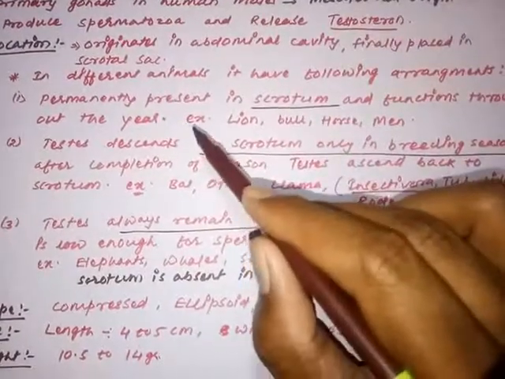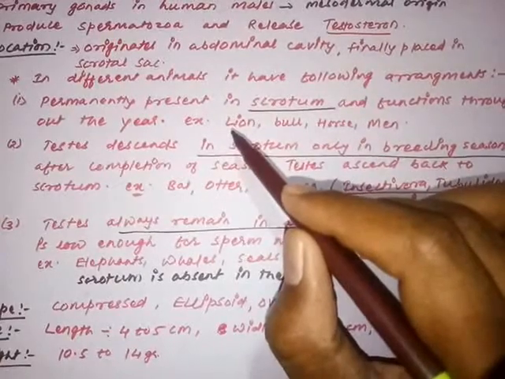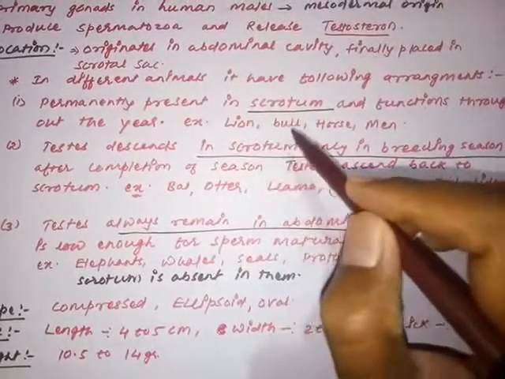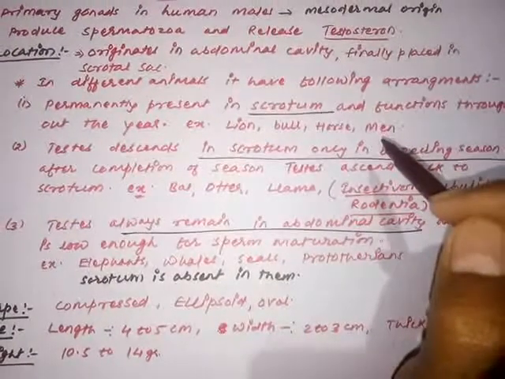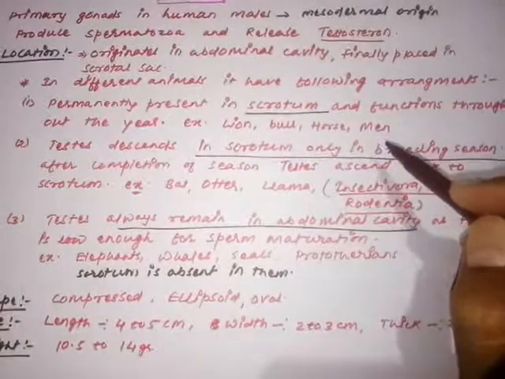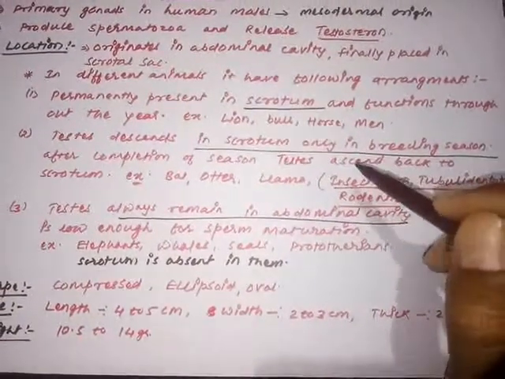Such a testis, permanently present in the scrotal sac, is found in the lion, bull, horse, and even in man. Our testis is permanently located in the scrotal sac. That is why we are continuous breeders. We are not seasonal breeders.